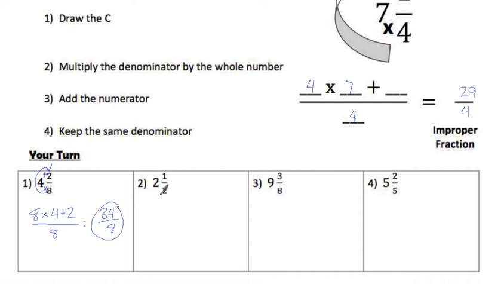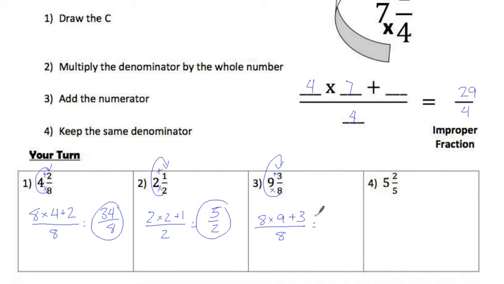Okay, if we look at number 2, we multiply on the bottom, add on the top. 2 times 2 plus 1 all over 2 gave me 5 over 2. Same thing here. Multiply on the bottom, add on the top. 8 times 9 plus 3 all over 8 gave me 75 over 8.